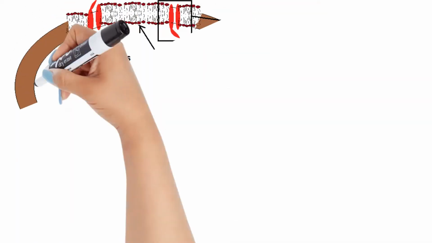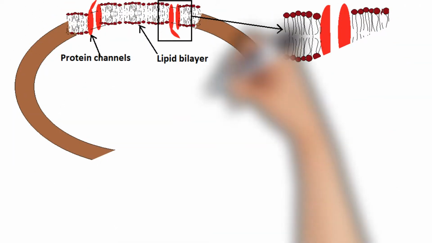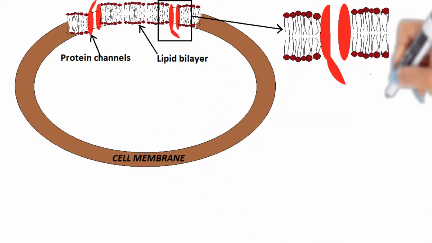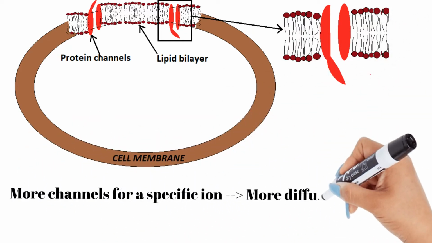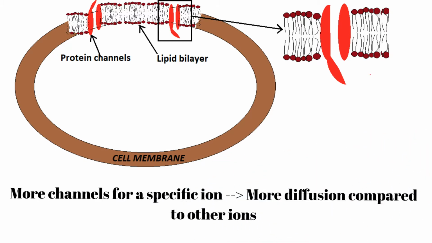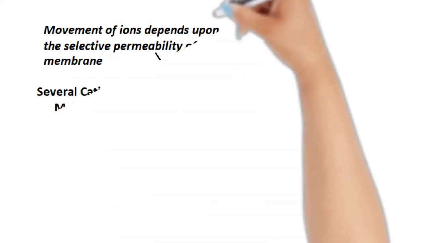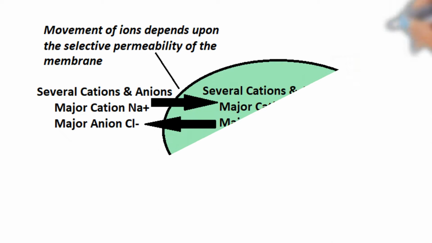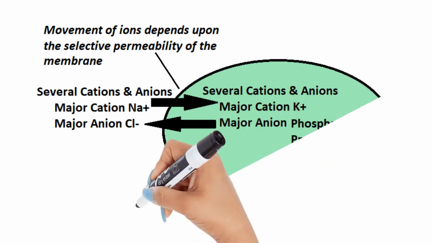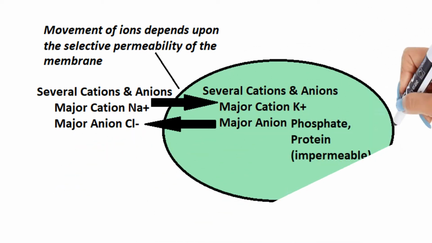Similarly, permeability of different ions across the membrane depends on the presence of their selective protein channels. The distribution of ions in the ICF and ECF, as shown in this figure, is the end result of their differing permeabilities across the cell membrane along with the electrical potentials exerted by the ions, on either side, upon one another.